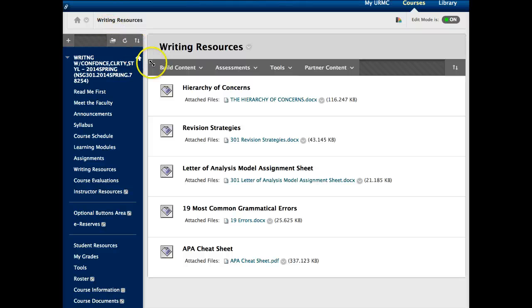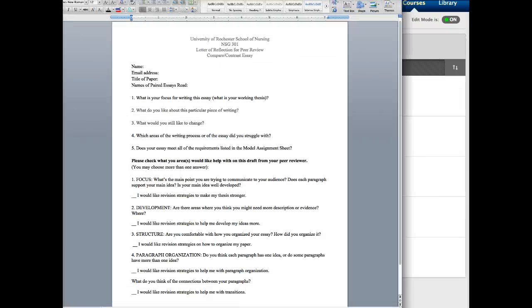The piece that I really wanted to talk to you about today is the actual writing of the letter of analysis. You have a couple of examples in the module here, but the most important thing to remember is that this is someone else's piece of writing that you are looking at, and this author has a lot invested in this writing piece, and of course you want to help them.